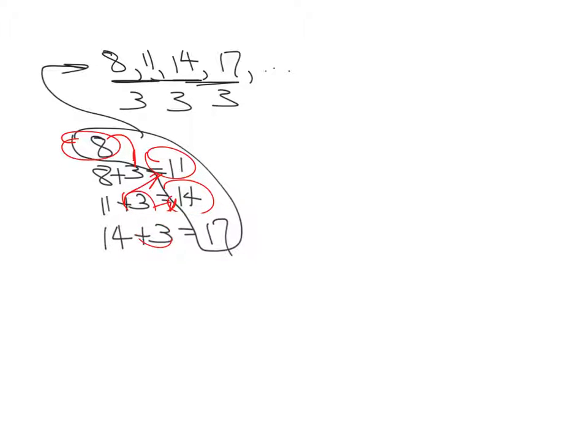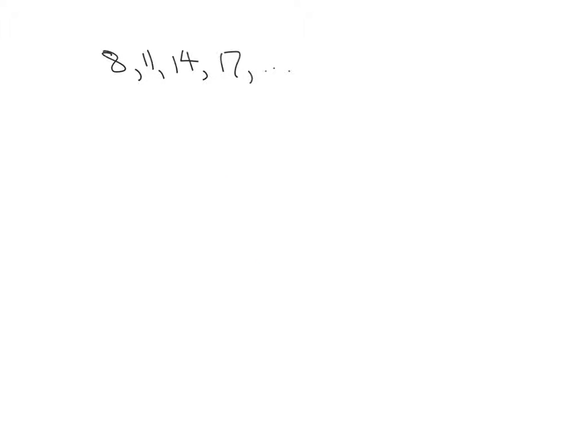So this is what that looks like. So let me get rid of all this stuff here. I'm going to leave that there. So we have, if my first number a1 is 8, well, if I already said a1 equals 8, but if I said that the next number is going to be the preceding number, and the way you write the preceding number is that the number you're looking at, n, minus 1, and then we add 3.